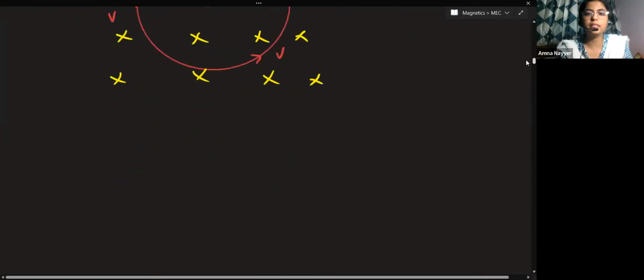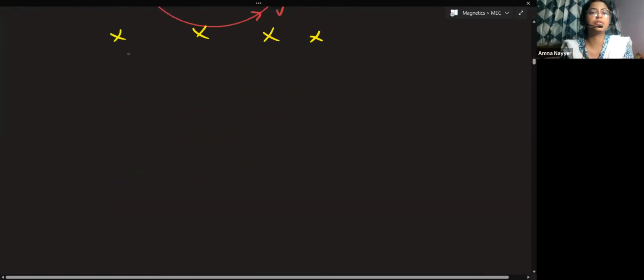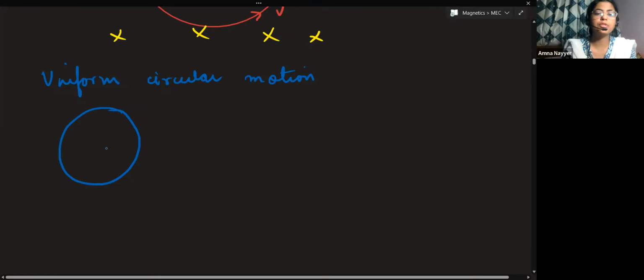Let us revise a few things for circular motion. When you have uniform circular motion, here R is the radius. Along this radius, a necessary centripetal force has been provided.